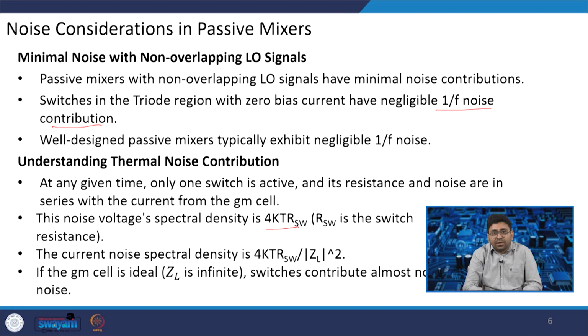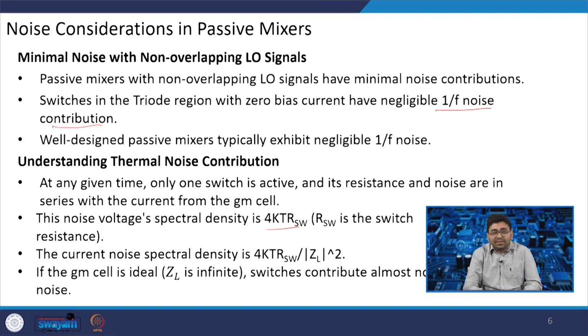So, the current noise spectral density is 4kT R_switch divided by the total impedance that we will see, because at the load there is a transimpedance amplifier and Z_L squared. If the GM cell is ideal, and at the input we have a transconductance amplifier, then Z_L is infinity and the switches contribute almost no noise.